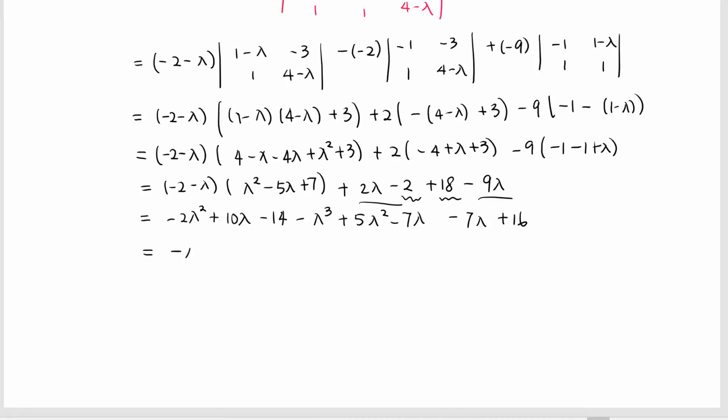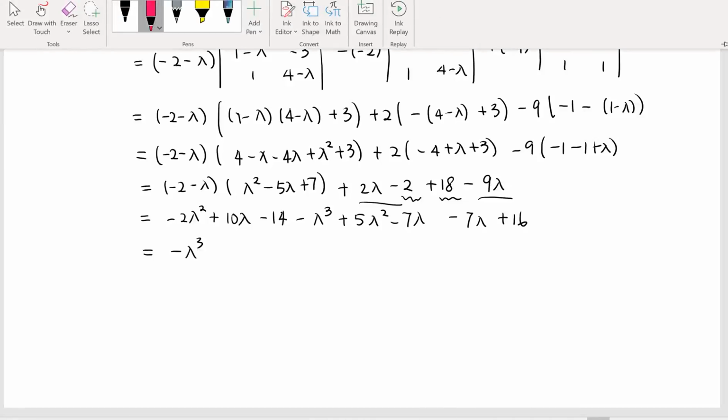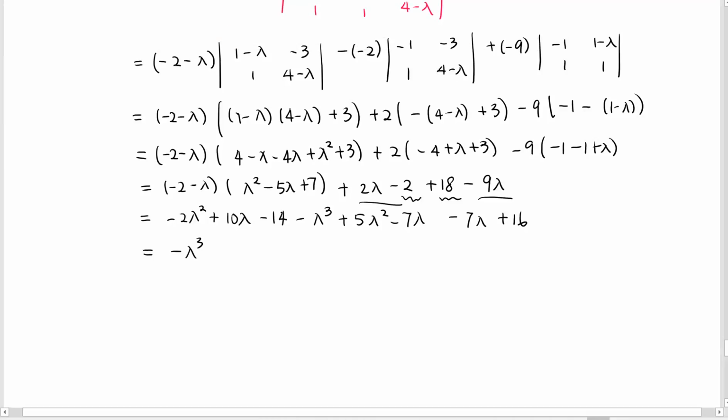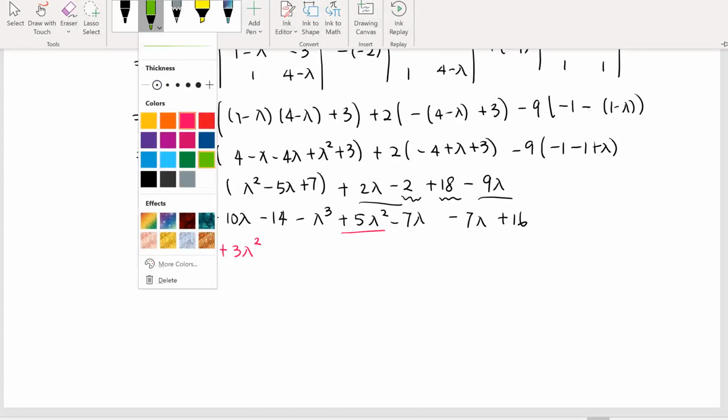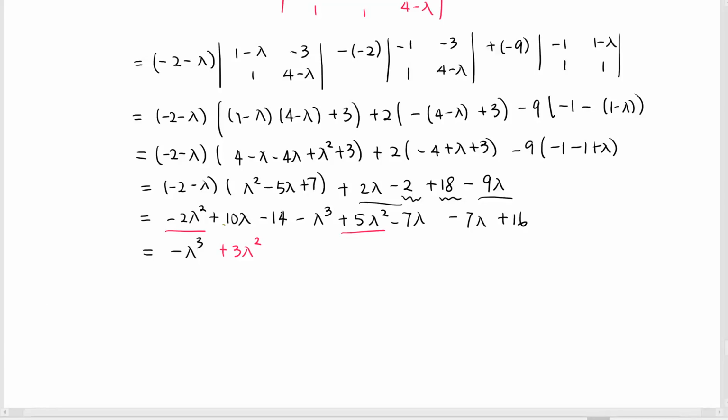Let's reorder it. So minus lambda cubed, and then how many lambda squared? We have minus 2 lambda squared and then 5 lambda squared. They give us 3 lambda squared. How many lambda? 10 and 7, so 10 minus 14 is minus 4 lambda.